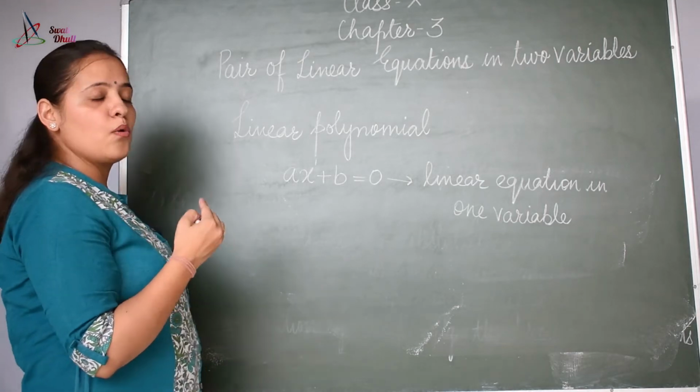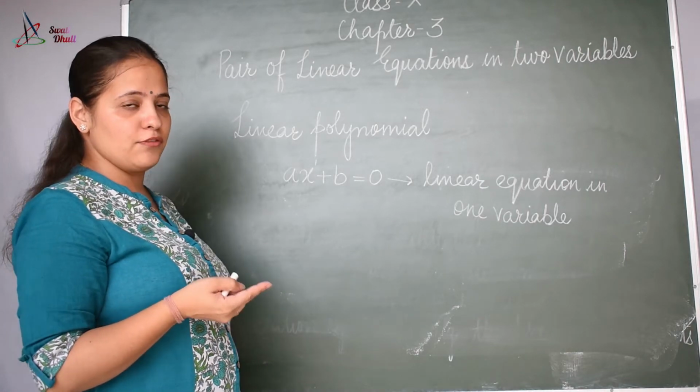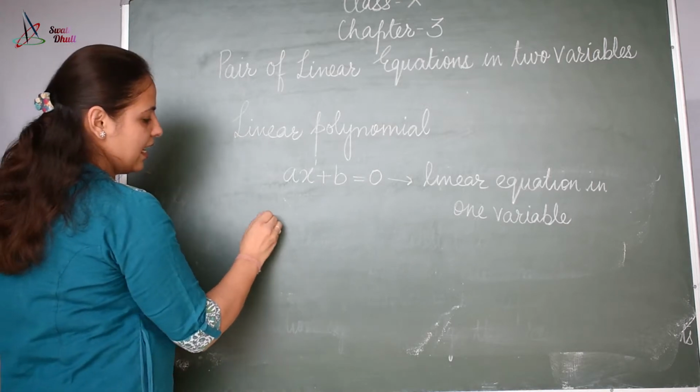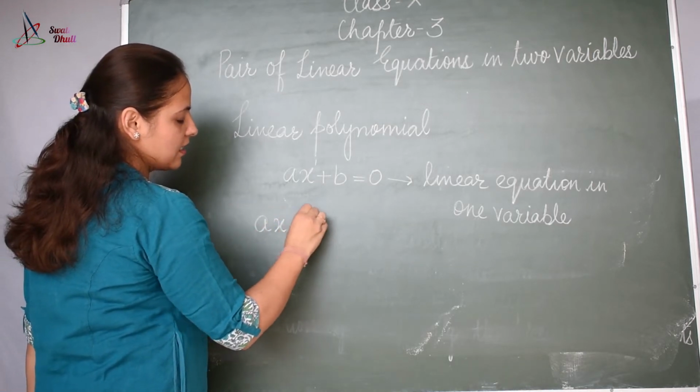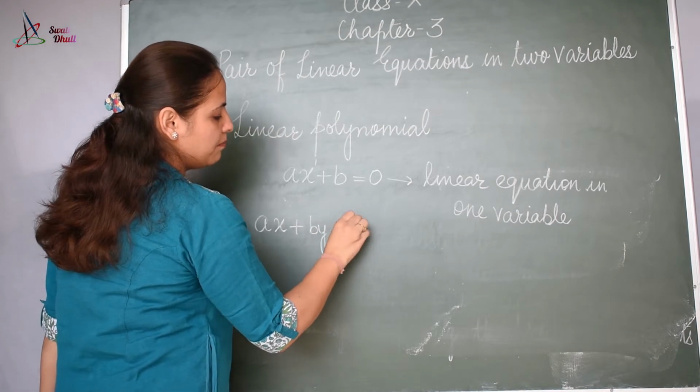Now the linear equations in two variables which you have studied in class 9, that is the general form is ax plus by plus c.